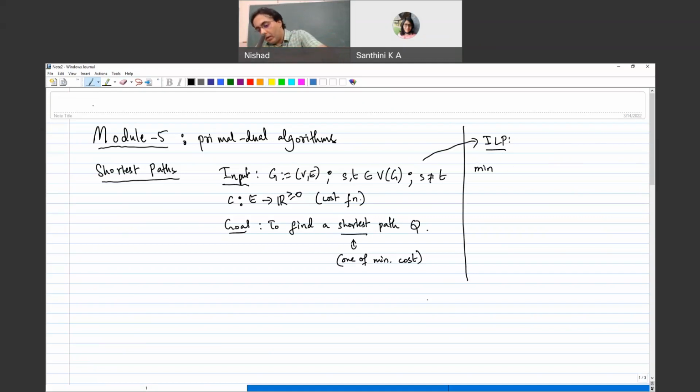So that can be thought of as C transpose X, where X is going to be our vector of variables that indicates whether an edge is in the path or it is not in the path. So let me just say we are thinking of X as being a 0, 1 vector.